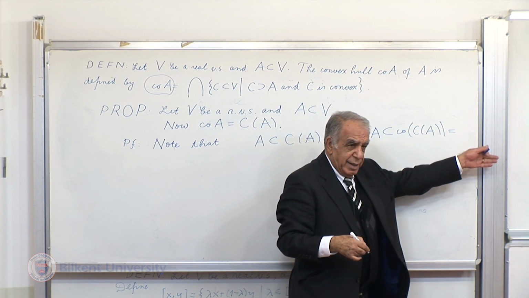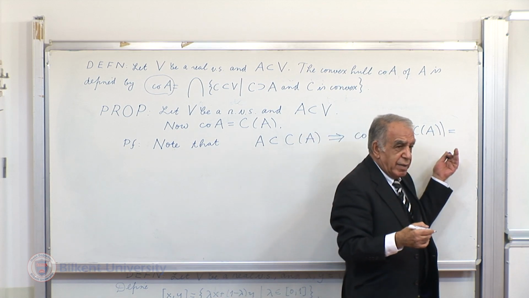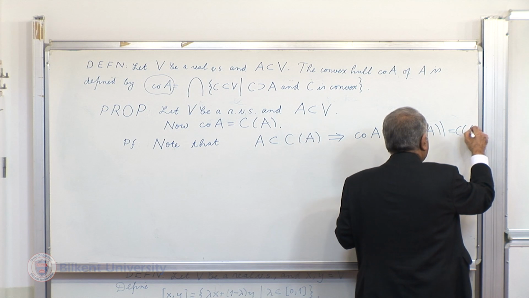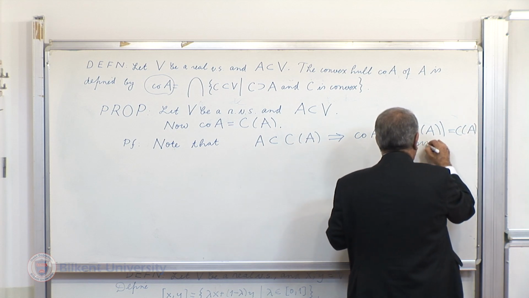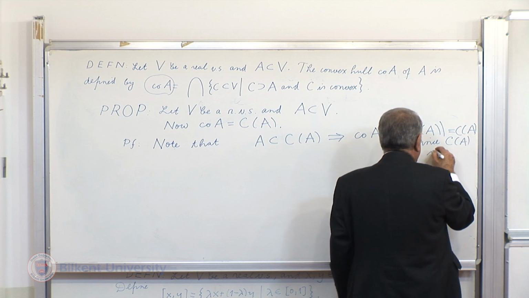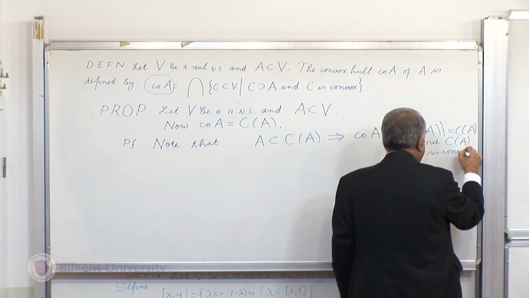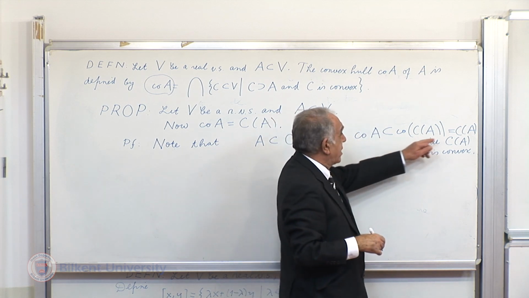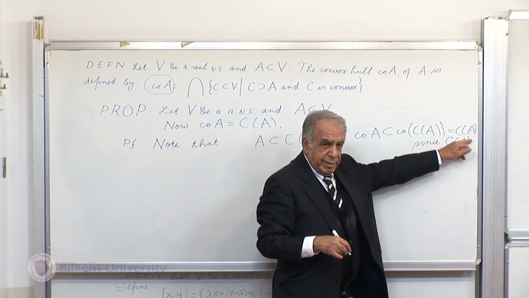That's convex. But the convex hull of a convex set is just itself by definition, since C of A is convex. Thus, the convex hull of A is contained in C of A.